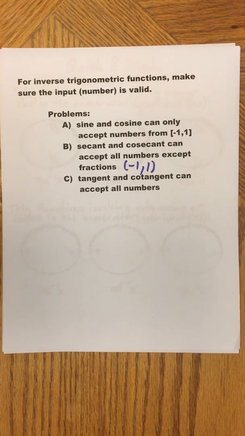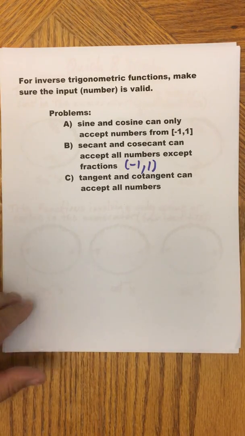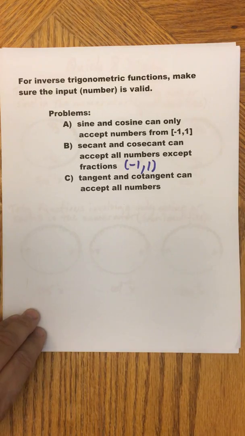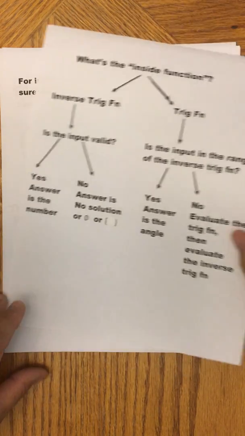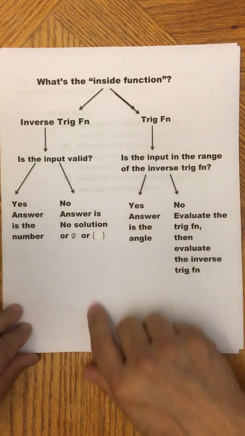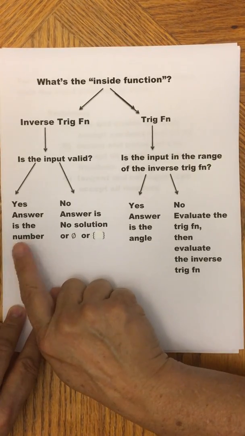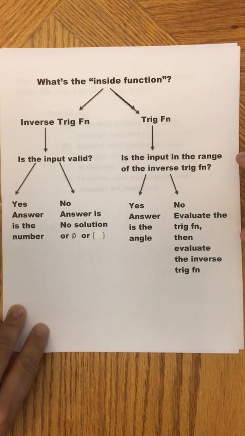Secant and cosecant can accept all numbers except those between -1 and 1, not including the endpoints, so 1 and -1 are okay. Tangent and cotangent can accept all numbers. If the input is not valid, then you have no solution. Otherwise, you just use the cancellation rule, and x is the answer.